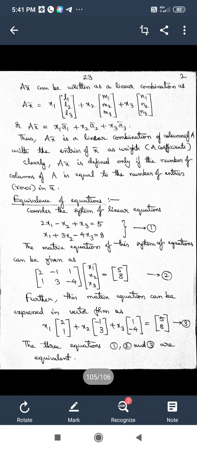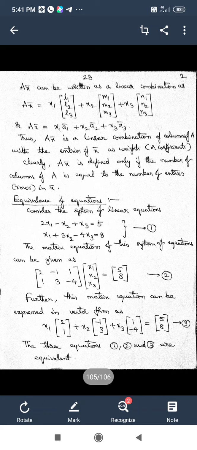Even though we are saying it as Ax bar is equal to B bar, the inner meaning of it is the matrix equation of some system of linear equations in x bar.